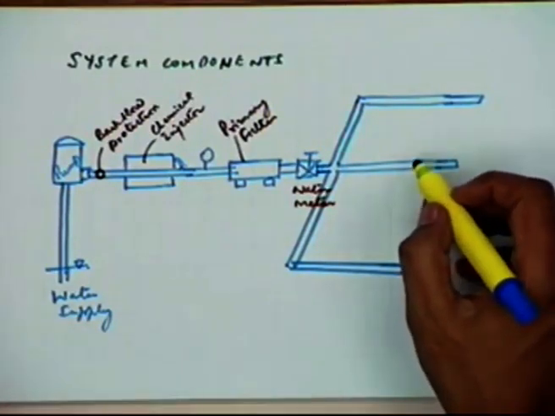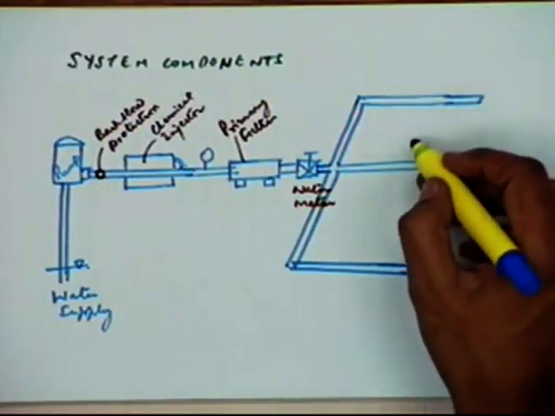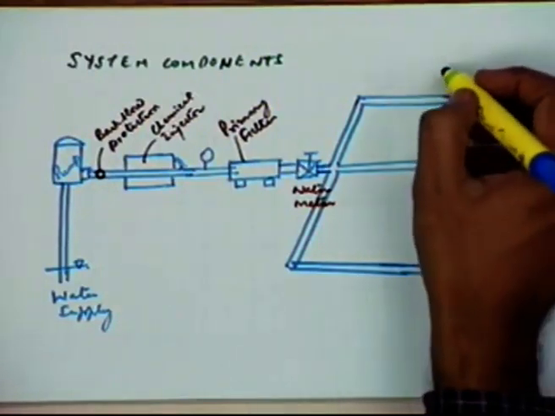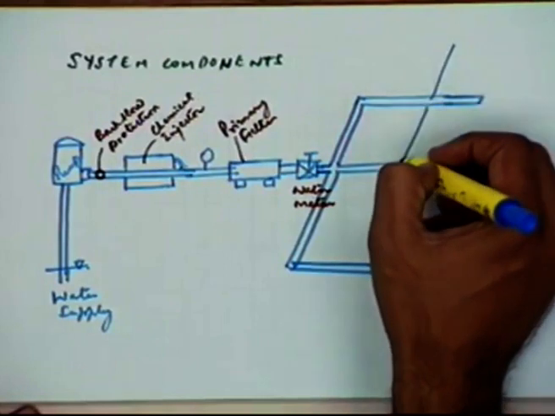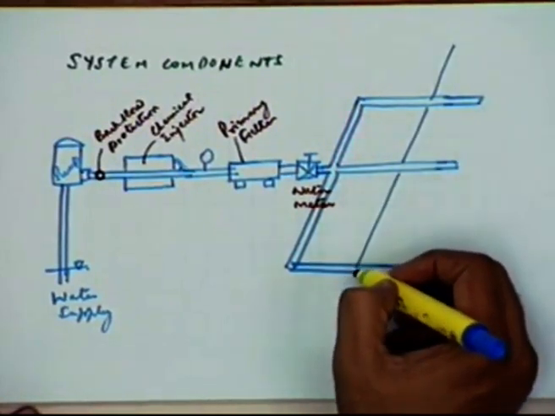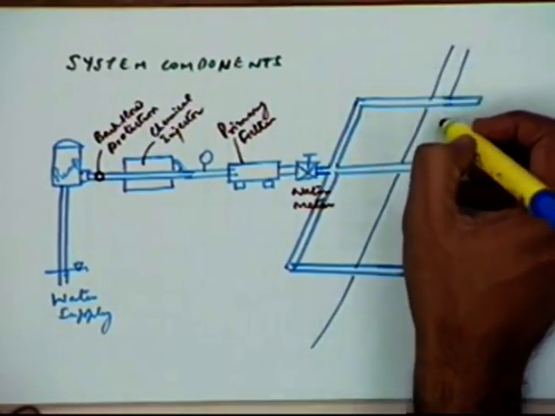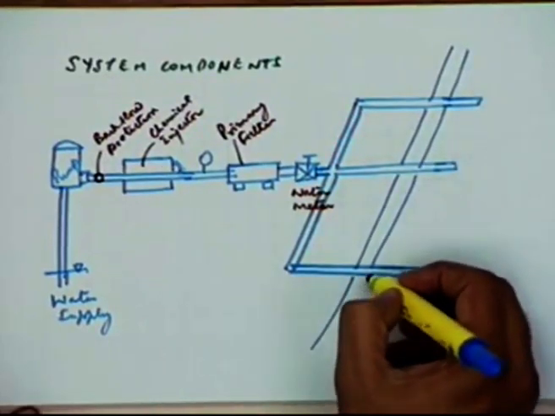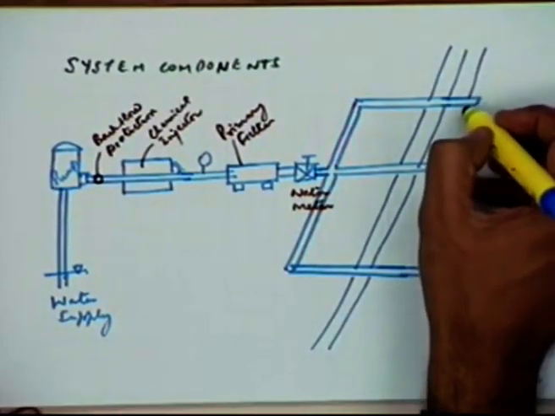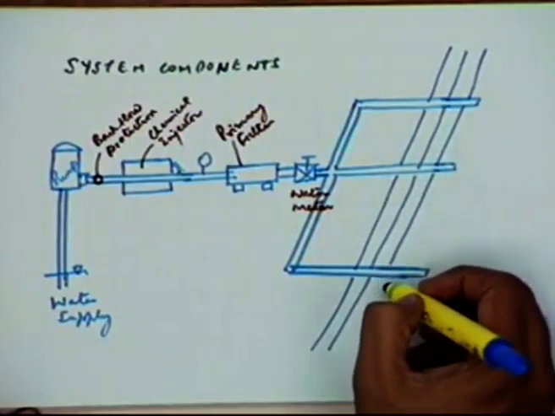Then you will draw the laterals from these submains. Now the laterals can be lying on these. You can have a series of laterals put on these submains.